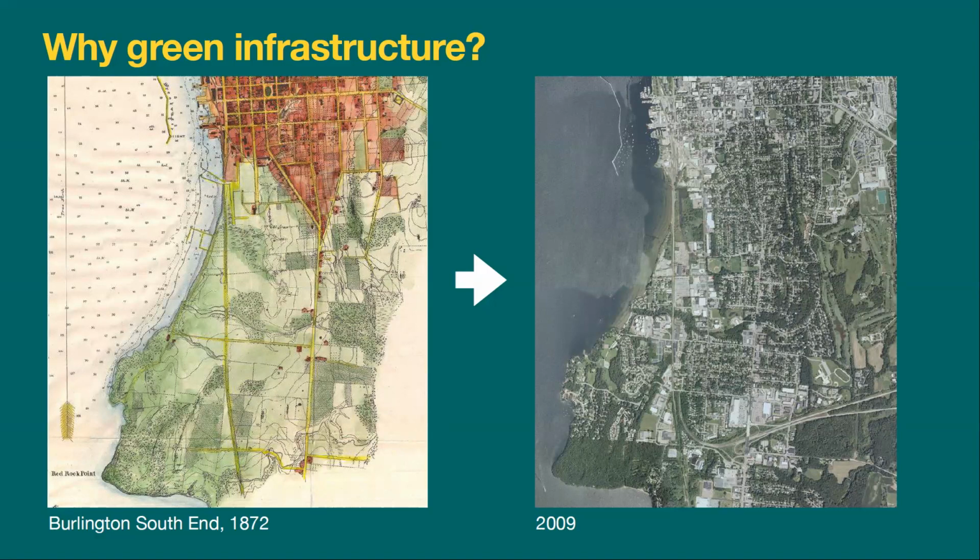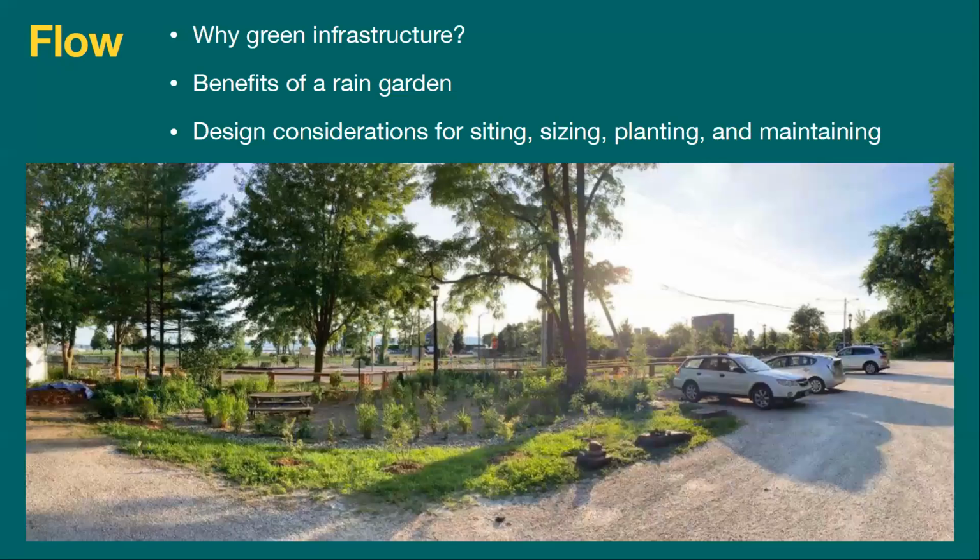And so that is the main goal of a lot of these green stormwater infrastructure practices. Stormwater being either that rainfall or snow melt that is washing over the landscape and not getting soaked in.